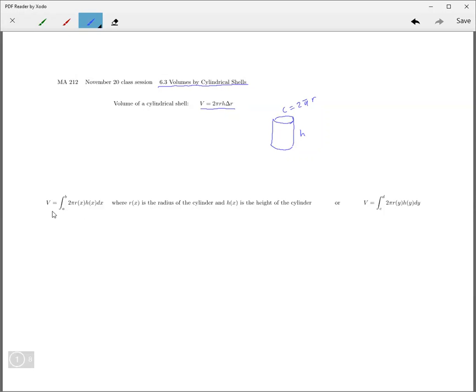So you have two formulas depending on which way you're revolving. This one is if you're revolving about a vertical axis. Let's suppose that we take a region like this and we revolve it about the y-axis, or it could revolve about something else. Each point is going to get revolved around.